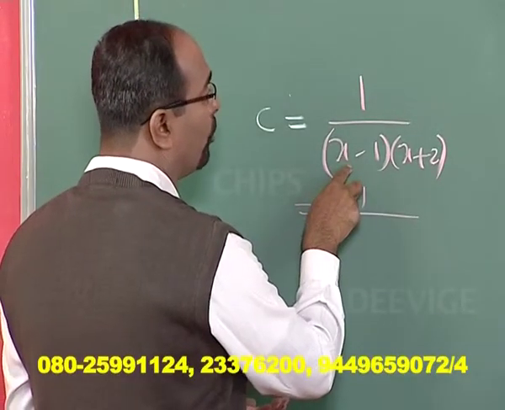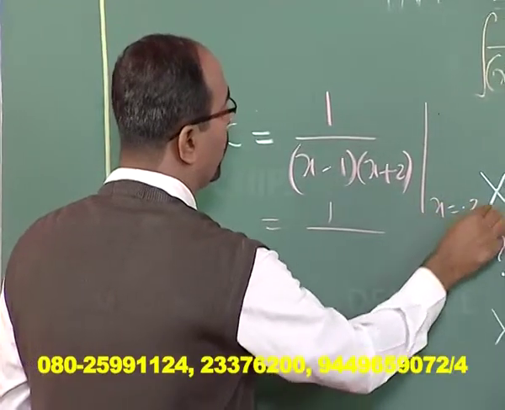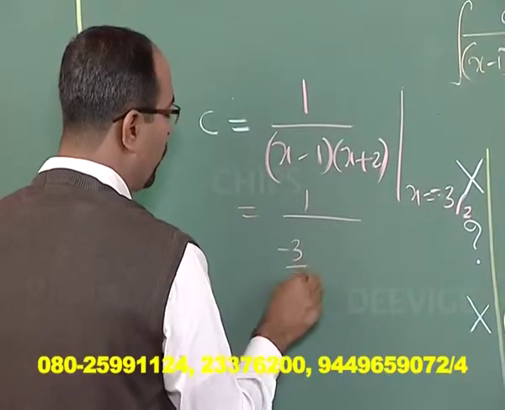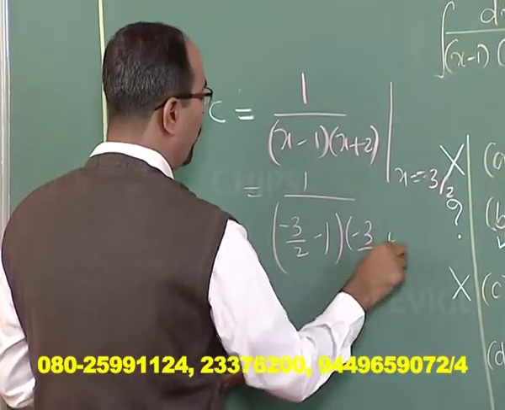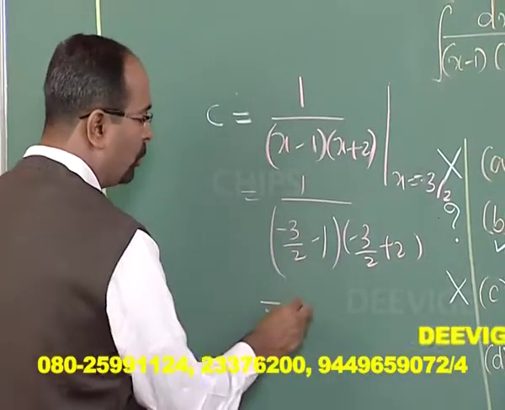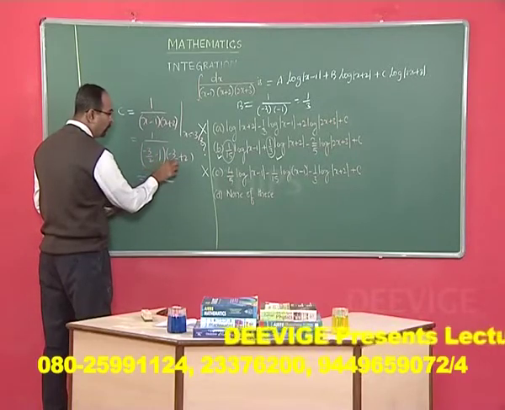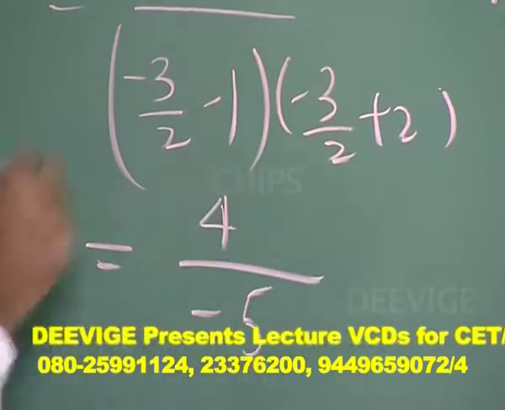Put x is equal to minus 3 by 2. What will we get here? 1 over minus 3 by 2 minus 1 into minus 3 by 2 plus 2. That is, minus 3 by 2 minus 1 will give you minus 5 by 2, into 1 by 2. That is 1 over minus 5 by 4.